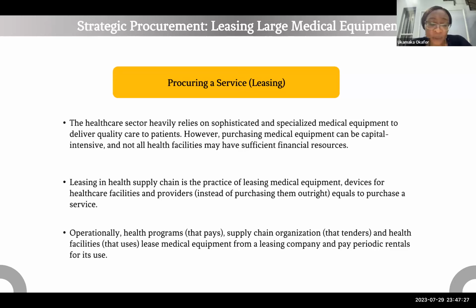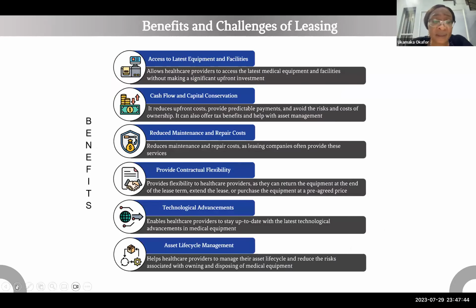So operationally, health programs that pay, supply chain organizations that tender, and health facilities that use lease medical equipment from a leasing company and pay periodic rentals for its use. You have explained that earlier. Next slide. So what are the benefits and challenges of leasing?